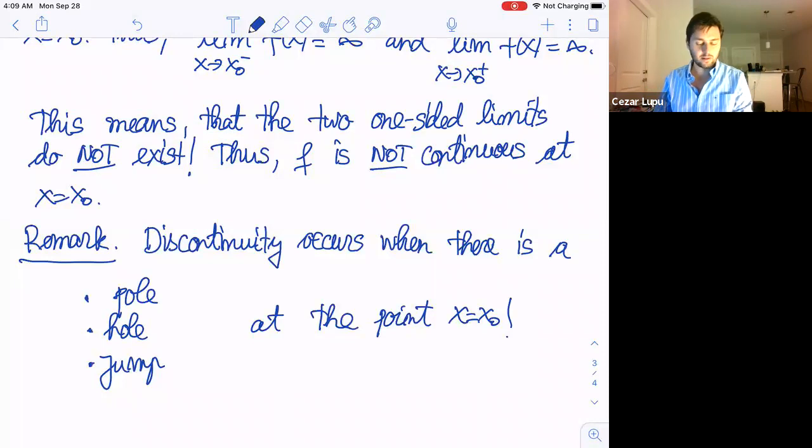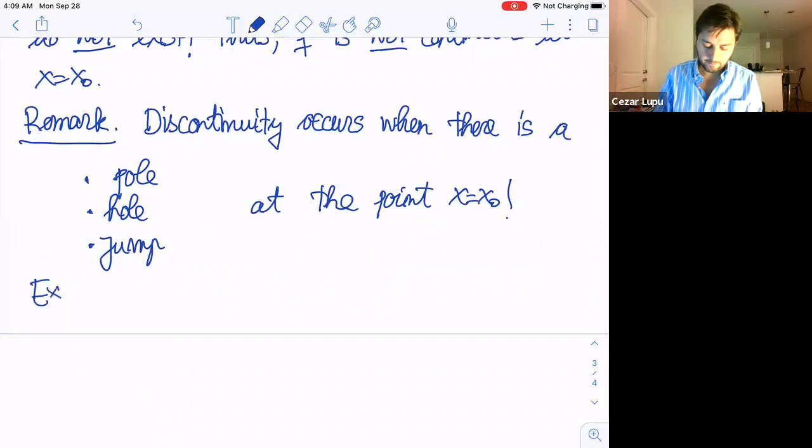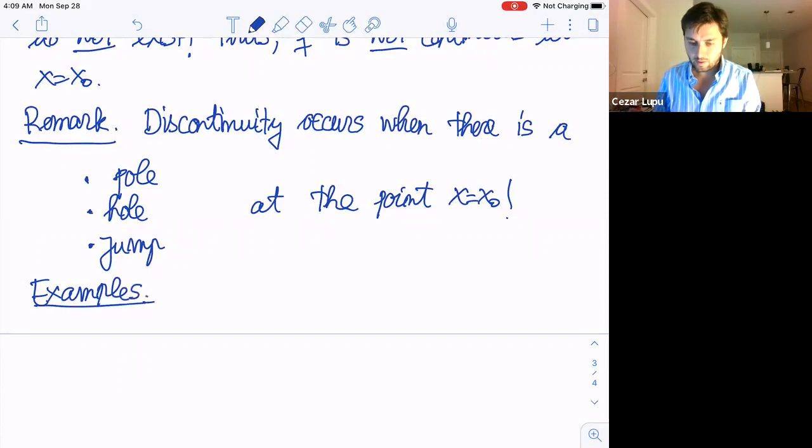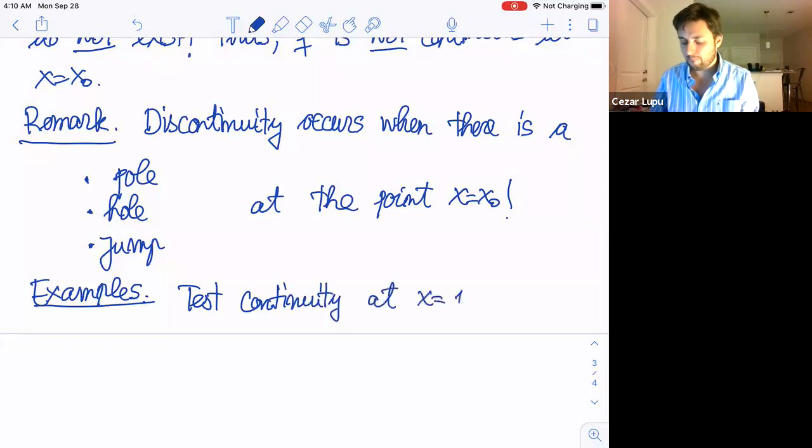And we've seen graphically some examples, but now let's see some concrete examples of functions, where we would like to see if these functions are continuous or not. So we would like to test continuity at a point, let's say x equals 1, for the following functions.